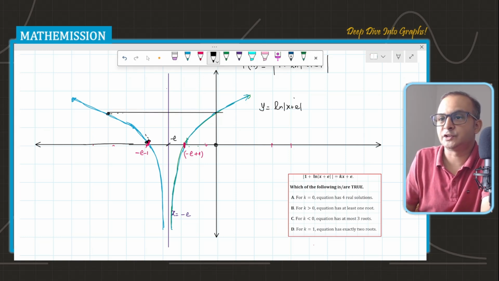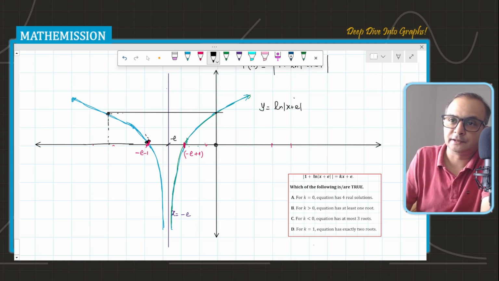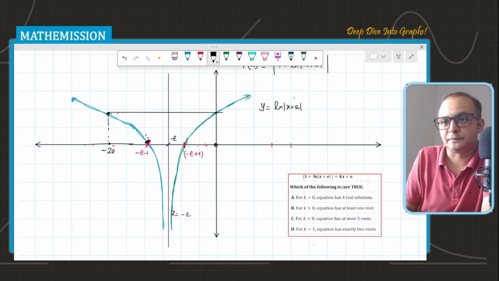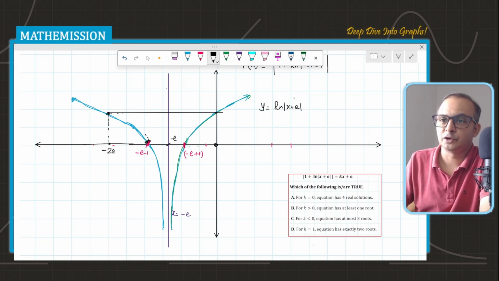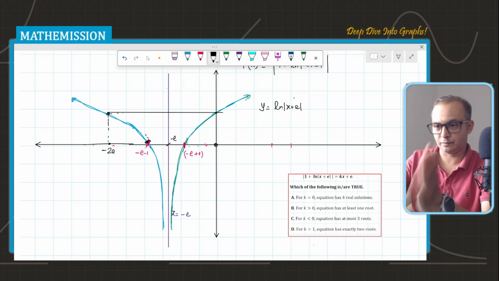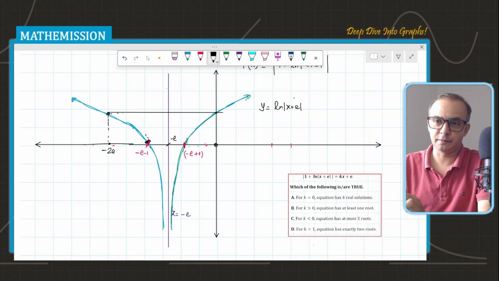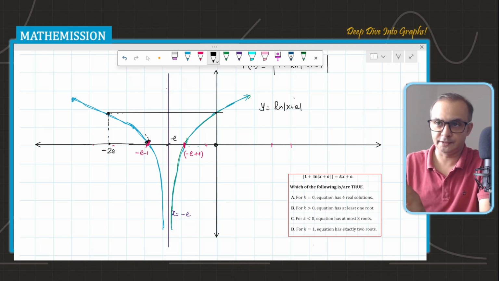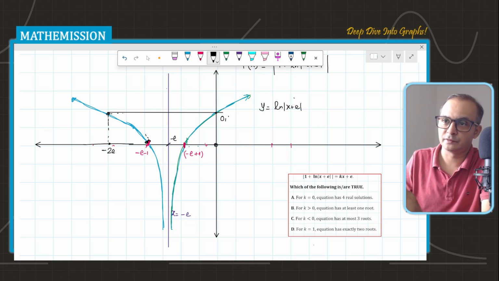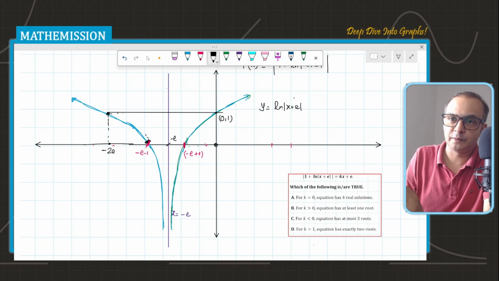The value we are achieving, that is 1, is at -2e, because when you substitute -2e, it will become log of -e, the mod of it, and that will become log of e, and again it will give you the same height. So that is 0, 1. And if you want to be more precise for that, you have to write -2e, 1.